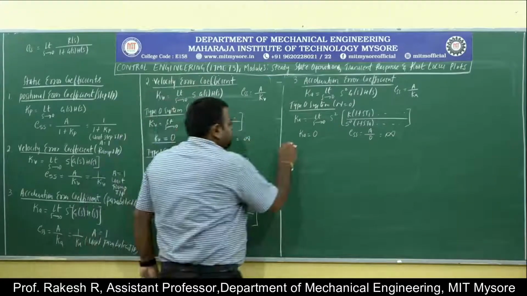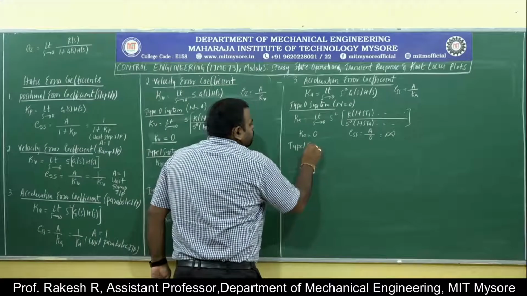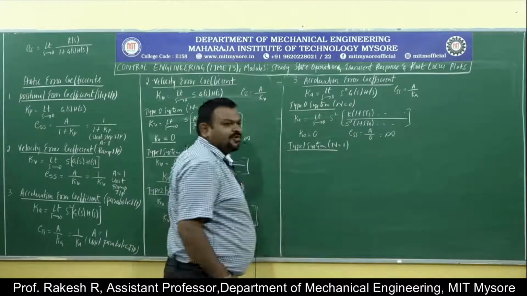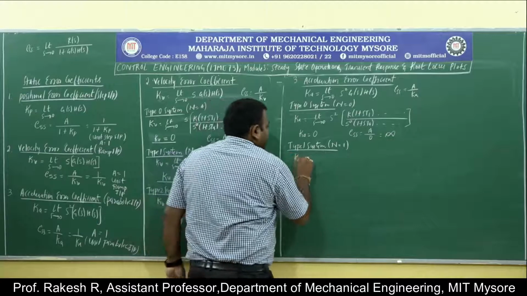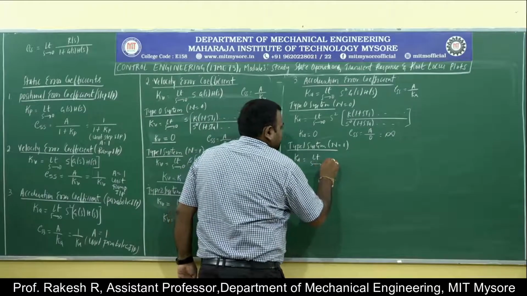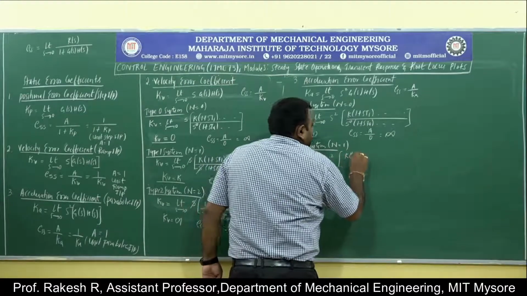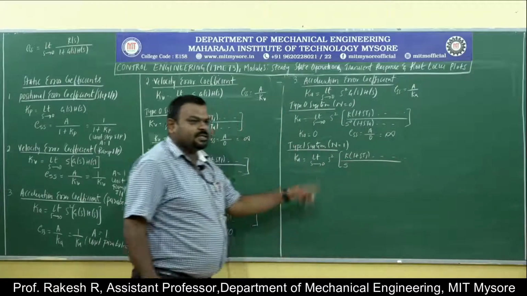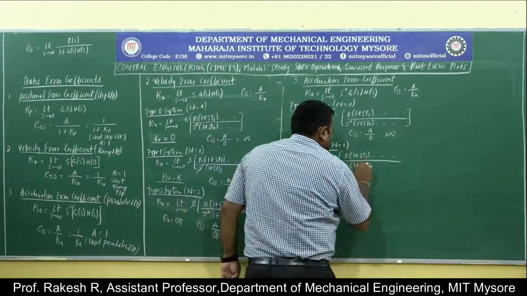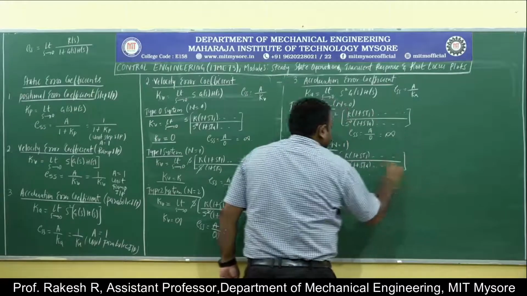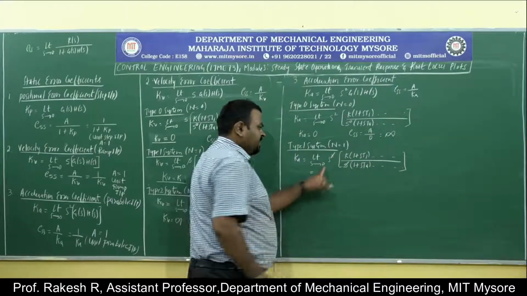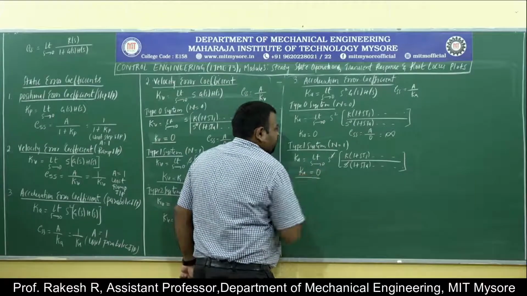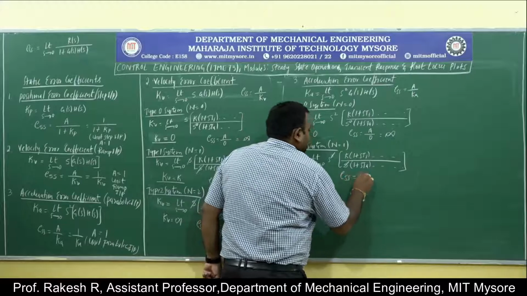Next, type 1 system. Type 1 system, n is equal to 1. If n is equal to 1, Ka will be equal to limit of s tends to 0, s square, same story, (1 plus sT1), etc. But here n will be equal to 1, that's why it is s, (1 plus sTa), (1 plus sTb), etc. So one s will cancel, again still there is an s in the numerator, because of which Ka will be equal to 0, steady state error will be equal to infinity.